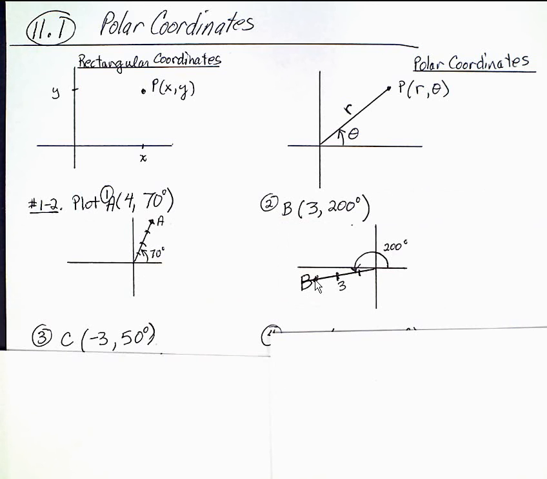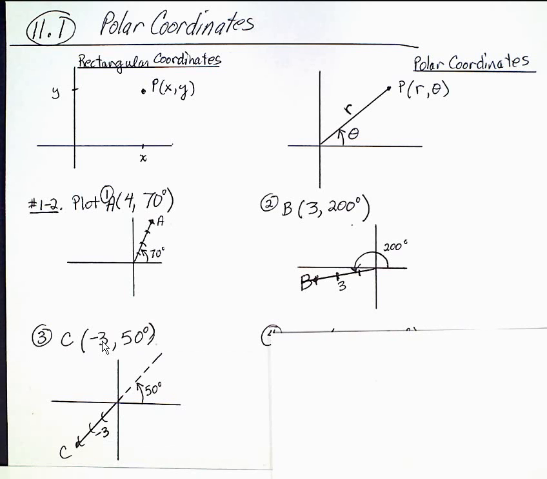Now I'm going to talk to you about the fact that in polar coordinates you can also have a negative radius. A negative radius simply means instead of going in the positive direction, which is the ray in which this angle ends or terminates, you're going to go in the opposite direction. So if we were going to go 50 degrees, the ray would terminate at that 50-degree angle, but instead of going into quadrant 1, we're going to shoot back negative 3 units into quadrant 3.